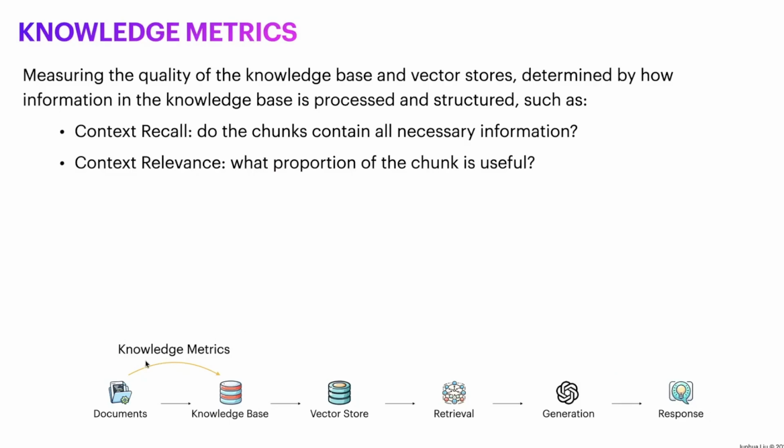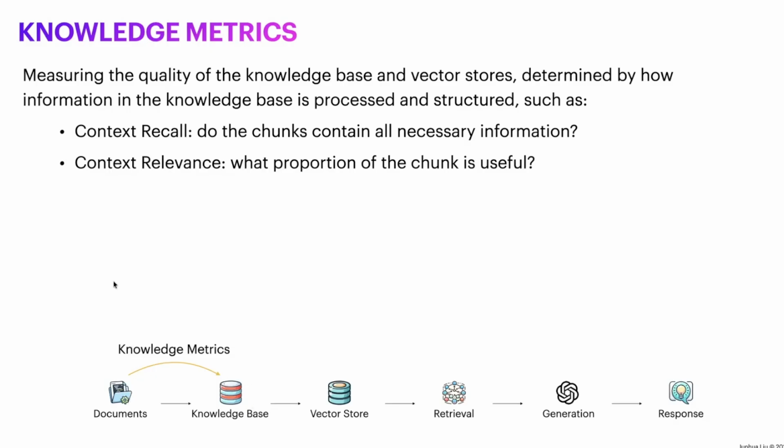As we mentioned, the knowledge metric measures the effectiveness of the data being converted from the raw form and from various sources to the structured form of the knowledge base. Measuring this is determined by how information in the knowledge base is processed and structured, because there are multiple steps taken to convert this knowledge.